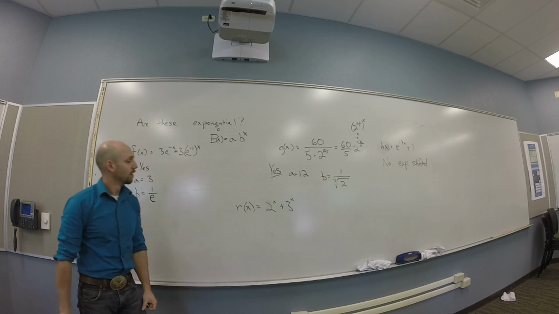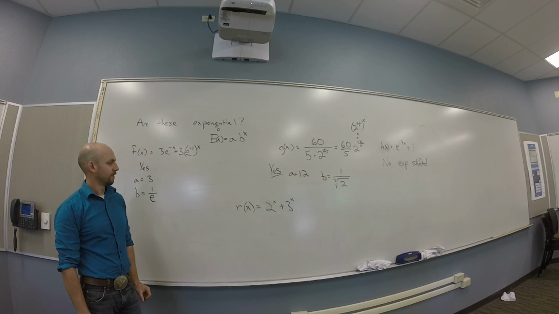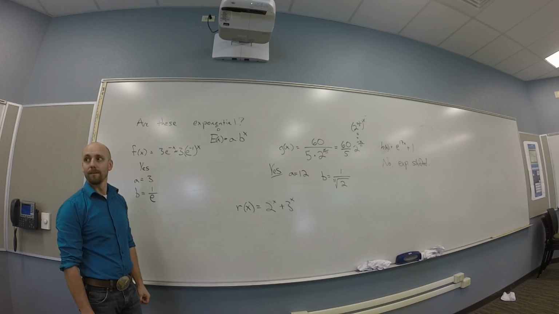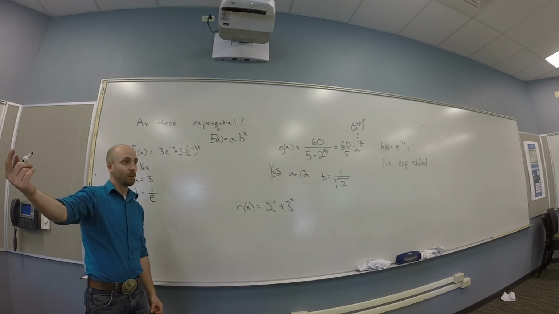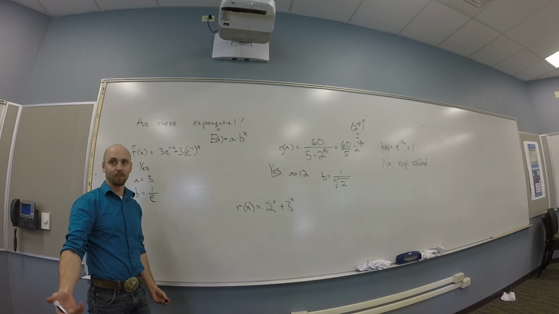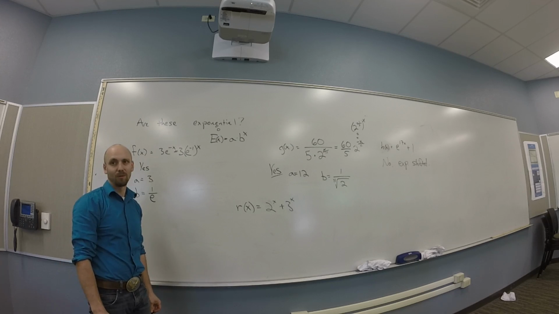Cool. Okay, how about r of x, which is 2 to the x plus 3 to the x? Well, no. Order of operations is kind of in the way. I could maybe try to group this together with some kind of exponent rule, but it ain't going to work.